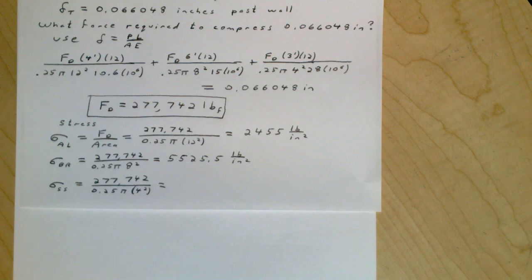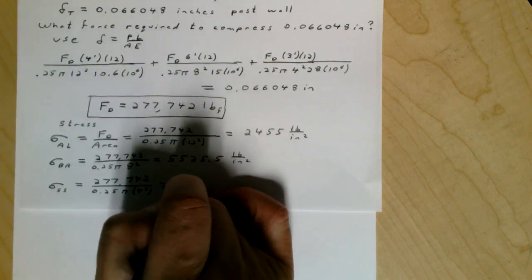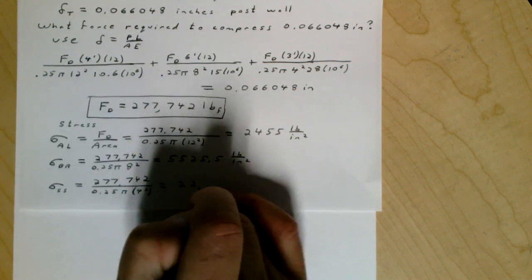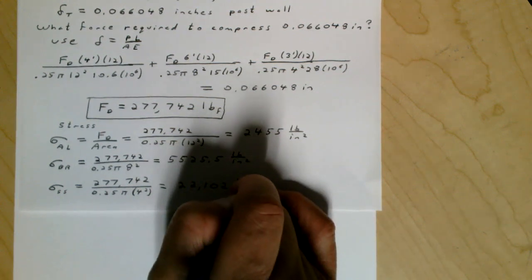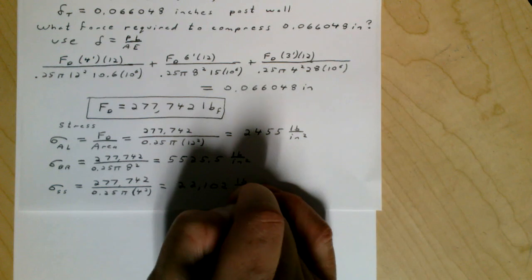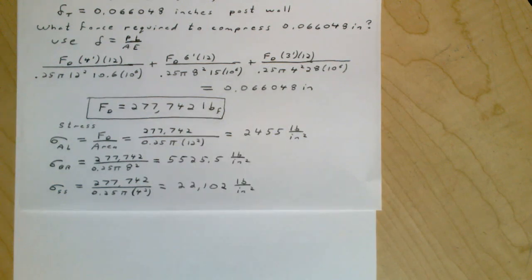And when you calculate that, I got 22,102 pounds per inch squared. So those are the stresses in the aluminum, the bronze, and the steel.